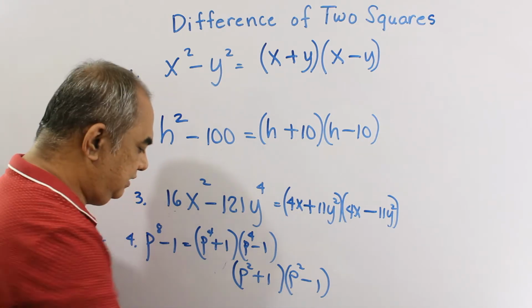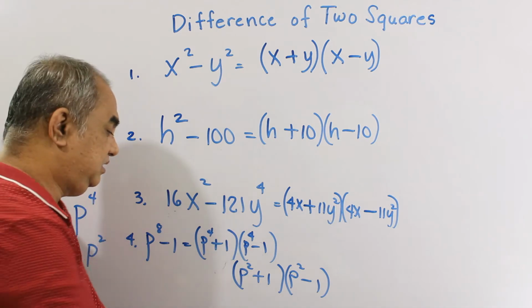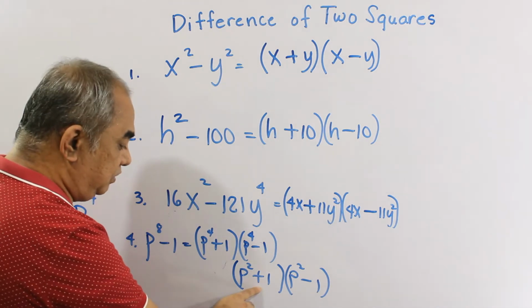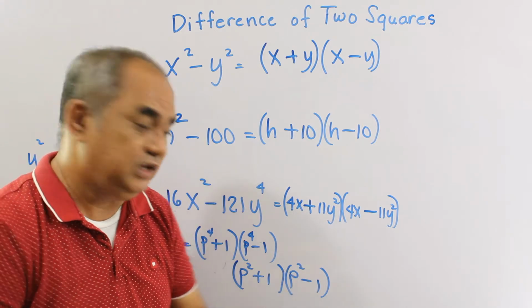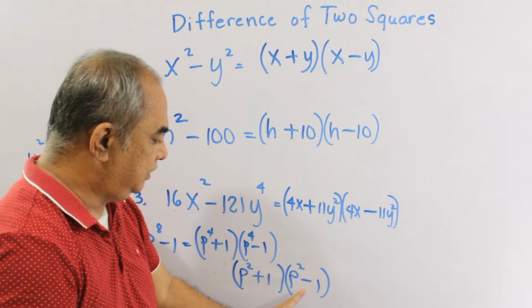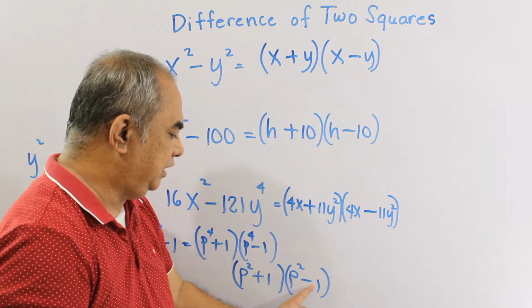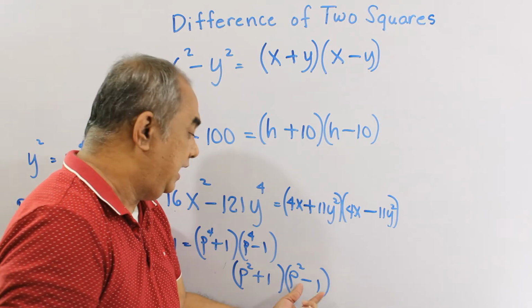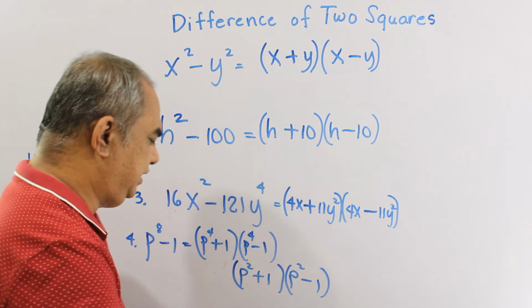Okay, again, we can now erase this, and the factored form of this is this. Notice again that this is an even number and this is a perfect square. But this cannot be factored further because this is addition. The sign present between the terms is positive, therefore we cannot factor it. However, the other factor of this binomial is p squared minus 1. So this is a difference, and we have a perfect square here and a perfect square here.